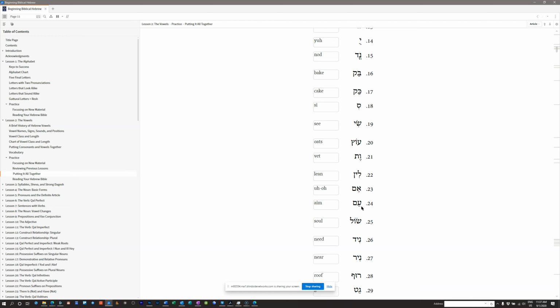So you don't have to try. You're not going to be speaking Hebrew to someone, so you don't really need to be too worried about how you sound. But there is a lot of vocabulary where the only difference between two words is one has an aleph, one has an ayin.